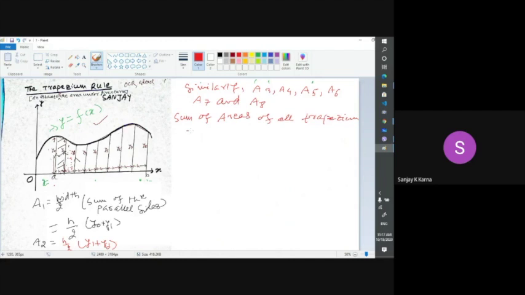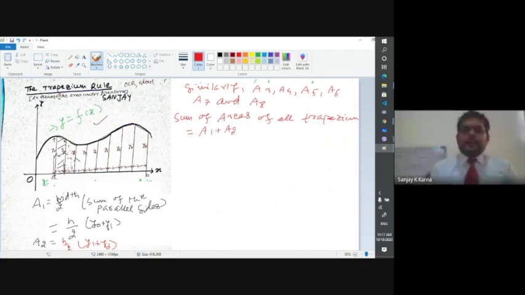The sum of the areas of all trapezium is going to be the area of the first trapezium plus the area of the second, third, fourth, fifth, sixth, seventh, and eighth. You may consider only 6, or if you like you may consider 18 strips. This is up to you, how you make your work easier or how it is instructed in your problem. It depends on the facts given or decided or suggested.